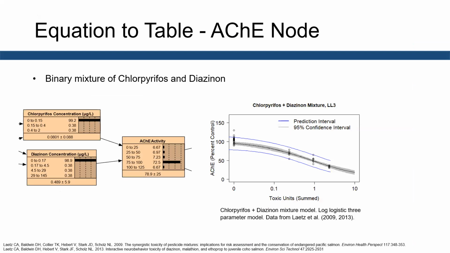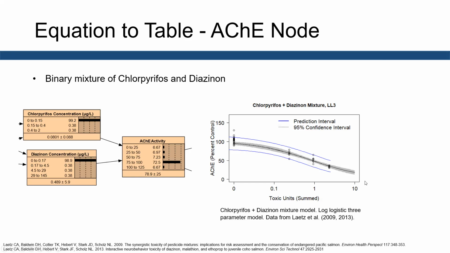The graph here is showing the concentration response curve from the Lates et al. data, where they conducted the toxicology tests with these binary mixtures. This is done with toxic units. That's how I calculated this curve.